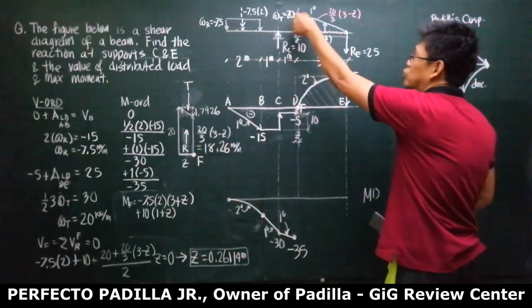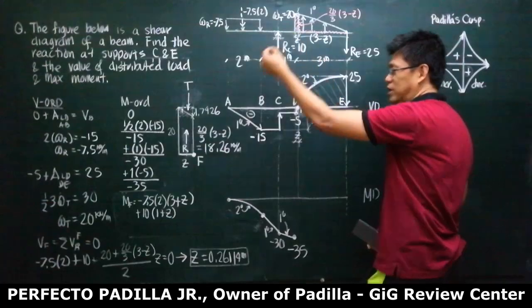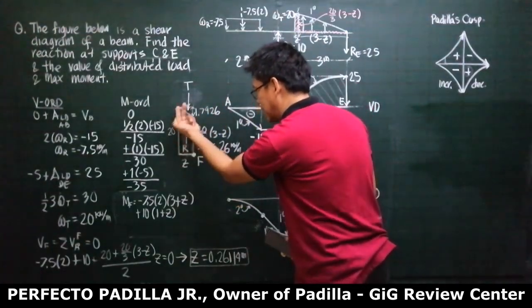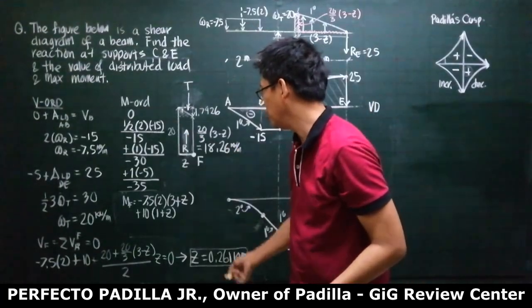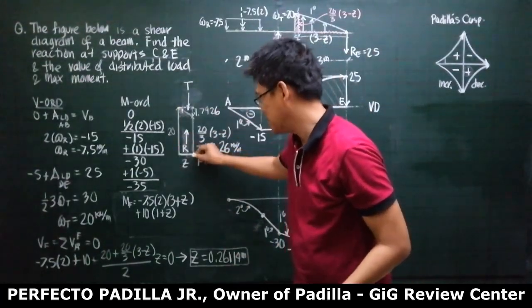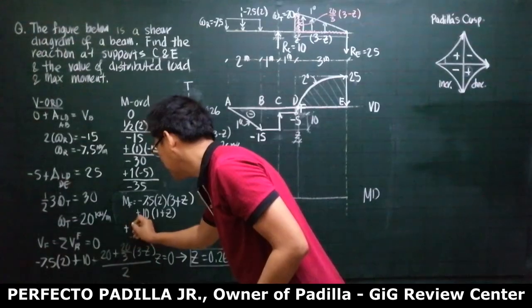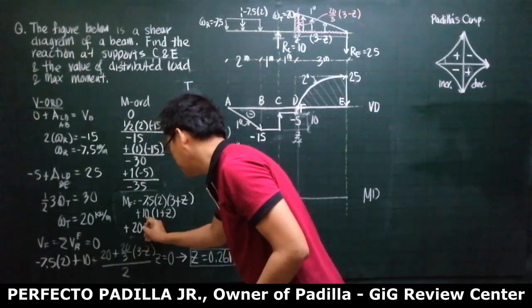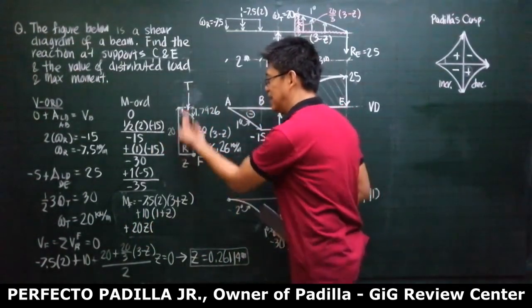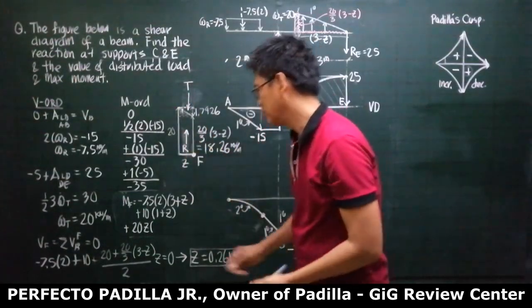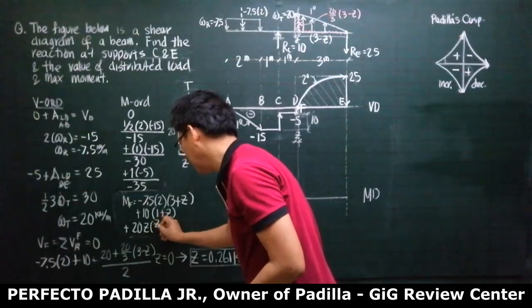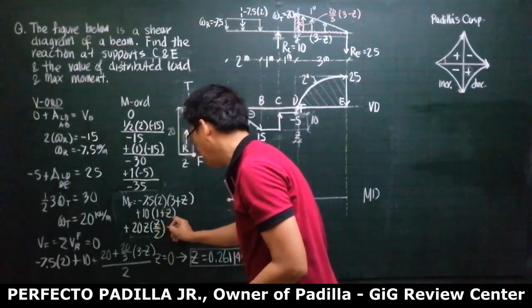And then, due to this trapezoidal load, R times z over 2. But what is R? That would be 20 by z. So, plus 20 by z, times z over 2.